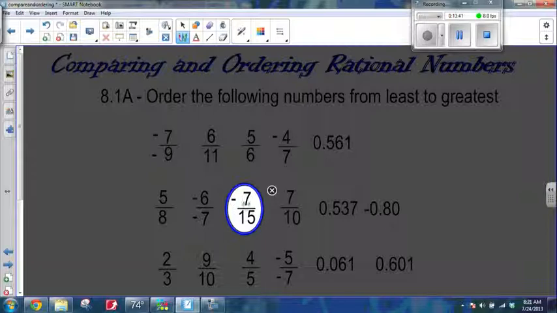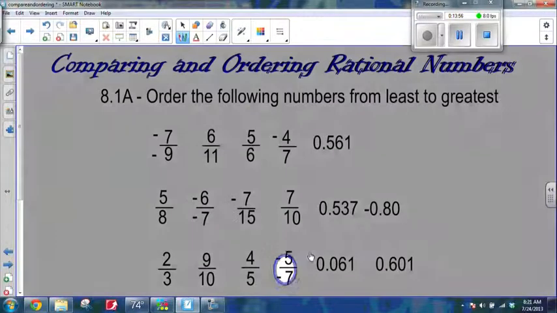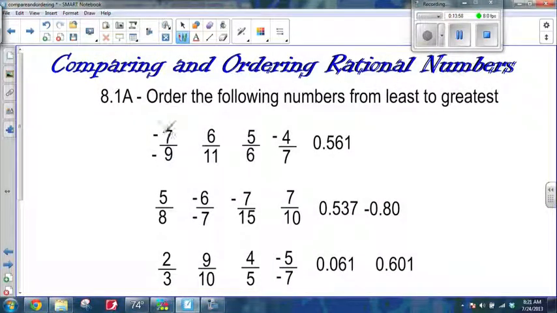Because a negative number divided by a positive number is a negative number. Let's try this one. Is this number positive or negative? Correct. Positive. So remember when you're comparing, not to be confused and believe that this is a negative number. Remember, a negative divided by a negative is a positive answer.